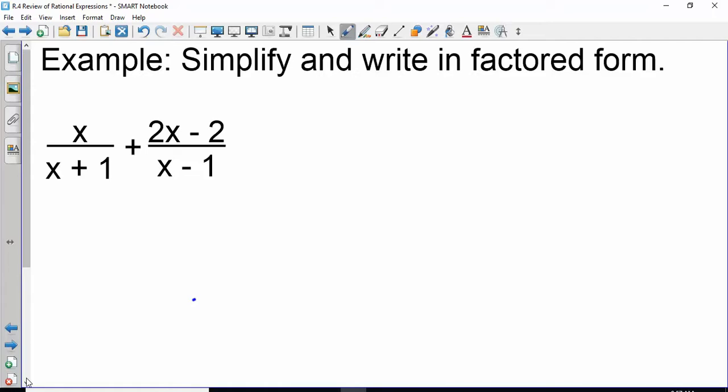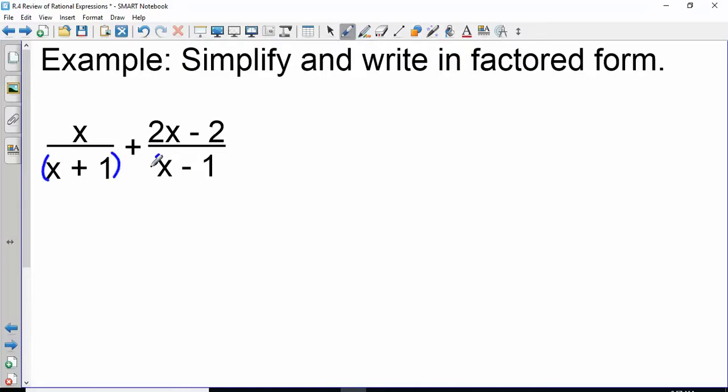They're close. Positive 1 and negative 1, they're just off by a negative. But if I multiply this by negative 1, it becomes a negative x plus 1. Is that what I need? No. So in order for the negative 1 trick to work, they have to be exact opposites.